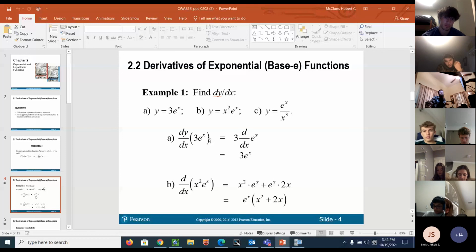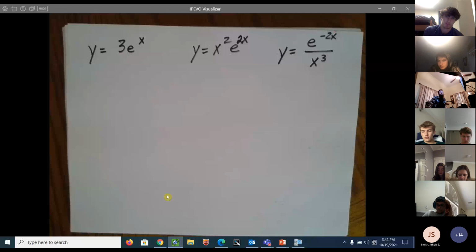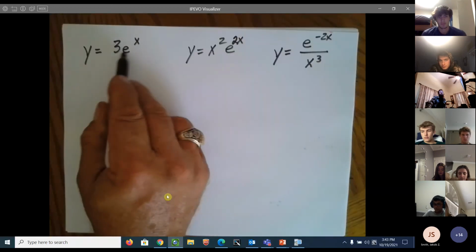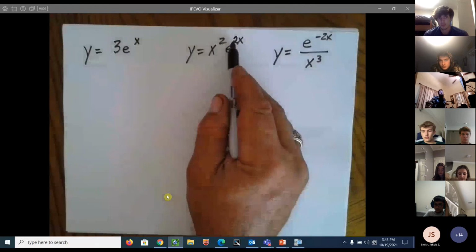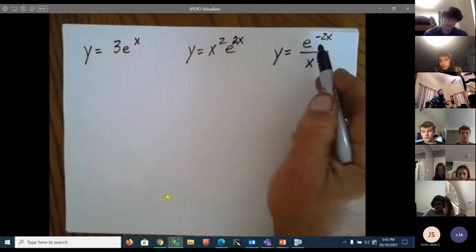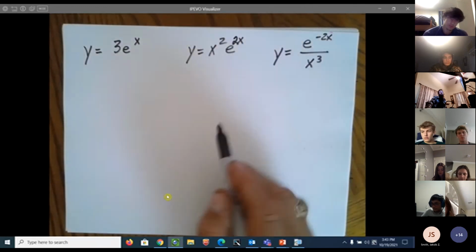And the next one, C, is going to be y is equal to e to the negative 2x over x to the third. So you've got 3 problems. This is the one that everybody will get right. This one, I changed that x to a 2x, and I changed this one to a negative 2x.